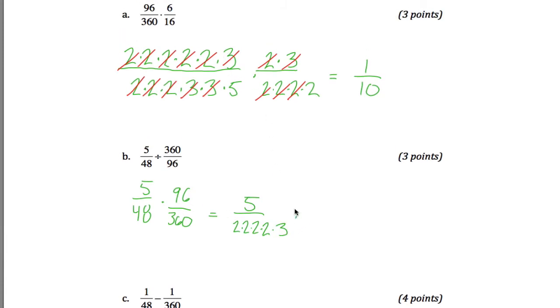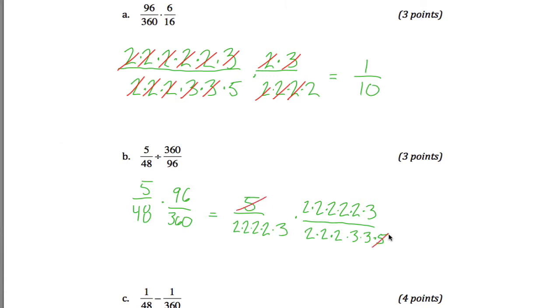96, got that one right here. 1, 2, 3, 4, 5 2's and a 3. And then 360, have that on the bottom here. It's 2, 2, 2, 3, 3, 5. Now I can take out my red pen and cancel out.